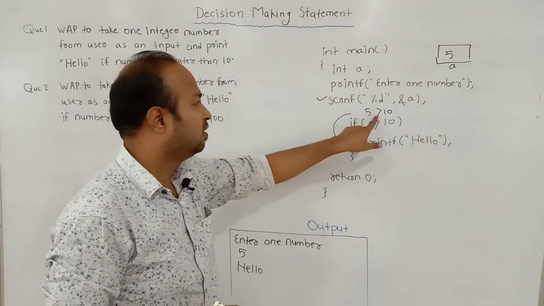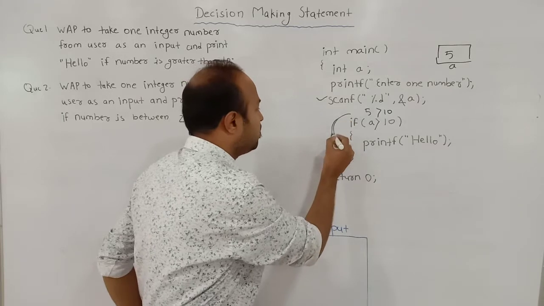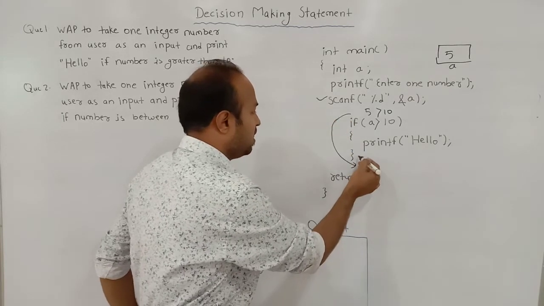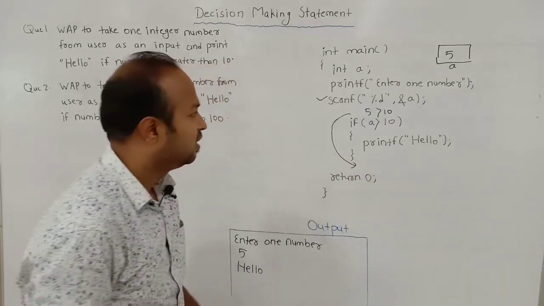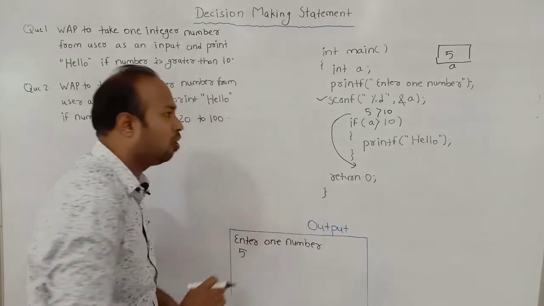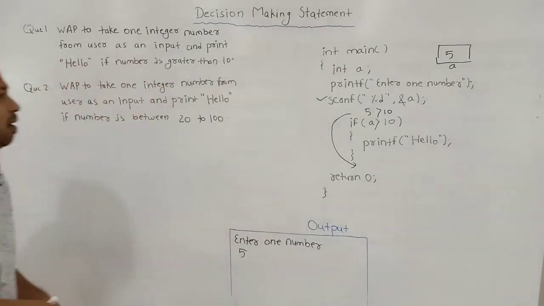Now the condition is false, and if the condition is false we jump outside of the if. And here our program ends. In this way we will print nothing, so hello will not print.